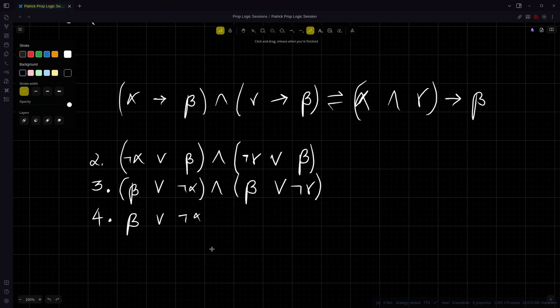Wait. How are you getting not gamma? Because we have not gamma there on the right hand side. But how are you moving from this to this? I'm doing distribution. We know distribution is alpha or beta and gamma. If we write down the distribution rule, I guess it might help.